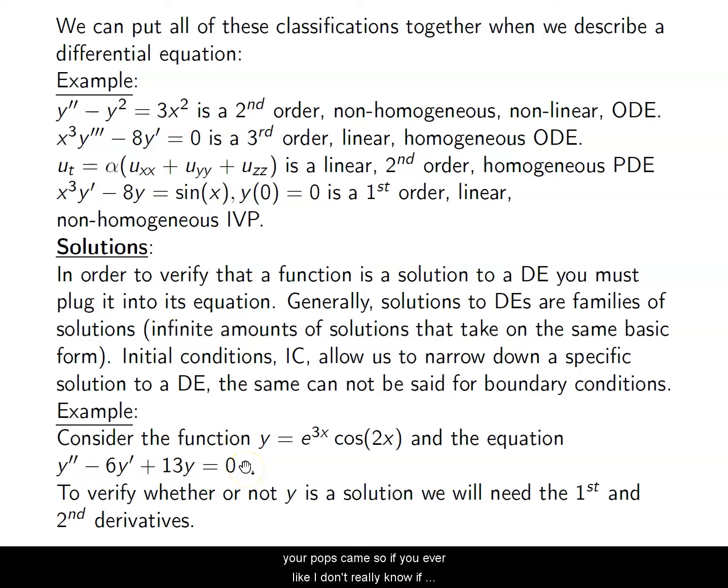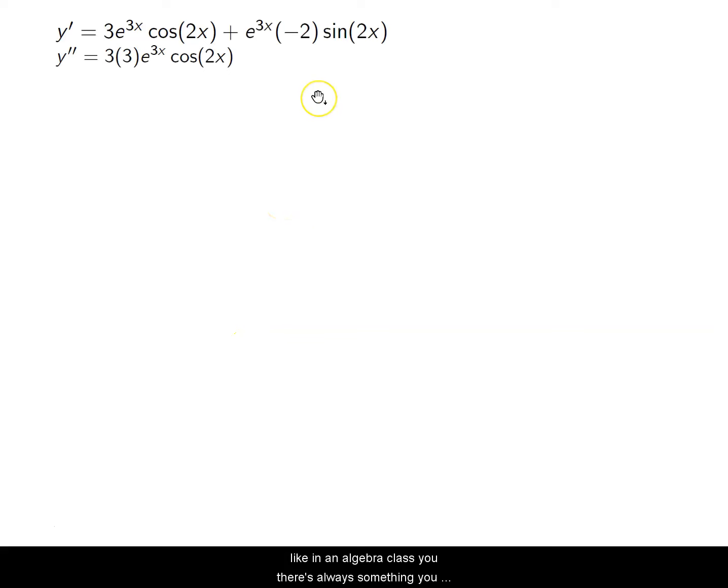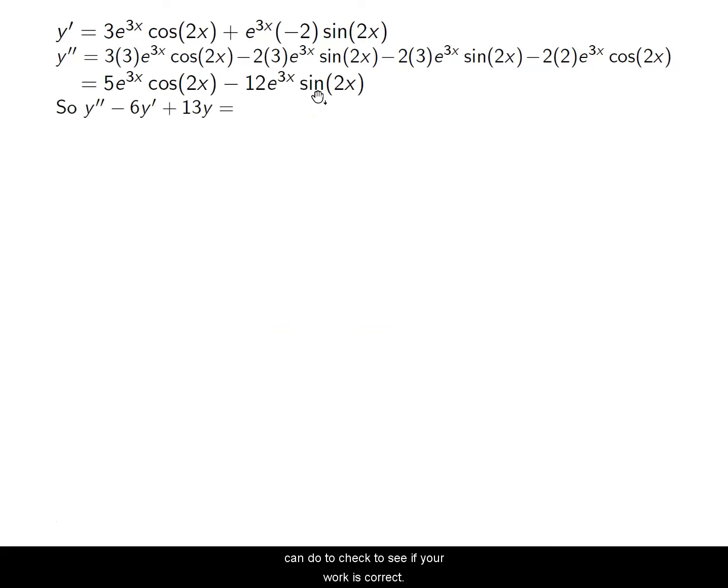If you ever don't know if your answer is right, take your solution and plug it back into your DE. If you don't get out what you're supposed to get, then you messed up somewhere and you can go back and fix things. So you can always verify your work in this class, just like in an algebra class, there's always something you can do to check to see if your work is correct. Let's go ahead and plug these in.